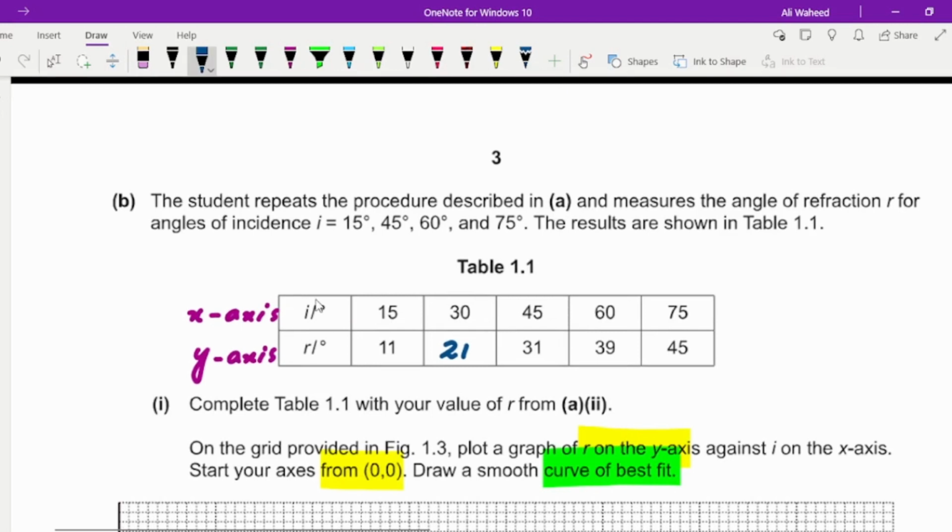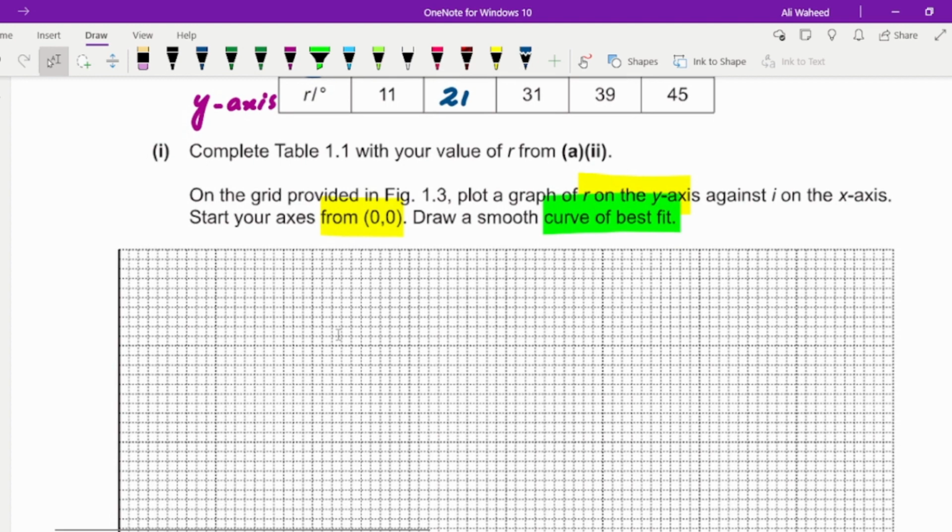Alright, we just look at it from here. And angle of refraction on the y-axis, and that too is measured in degrees, or you can write /degrees if you want to, otherwise we are fine with it. Okay, and then what do we have?